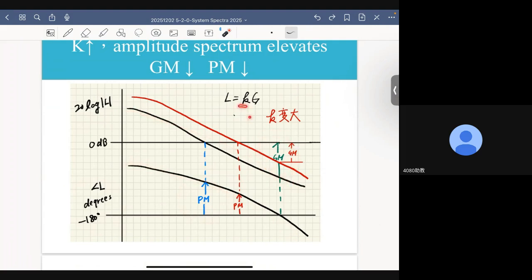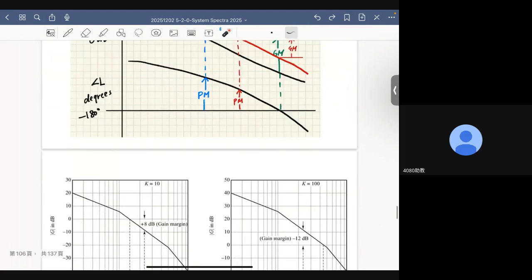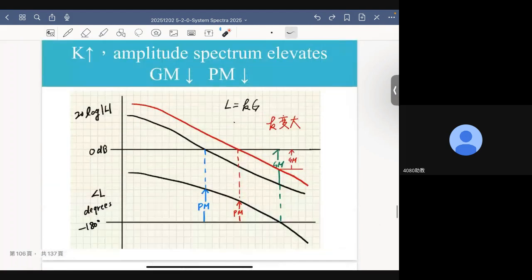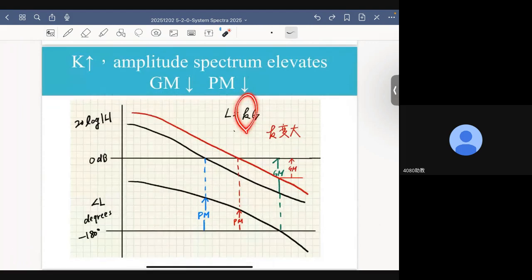However, since the value of K is not 1, but 2, the magnitude plot will be elevated. The shape of the curve will not be the same, because all I do is increase the gain. So the curve will move upward due to the increment of K.